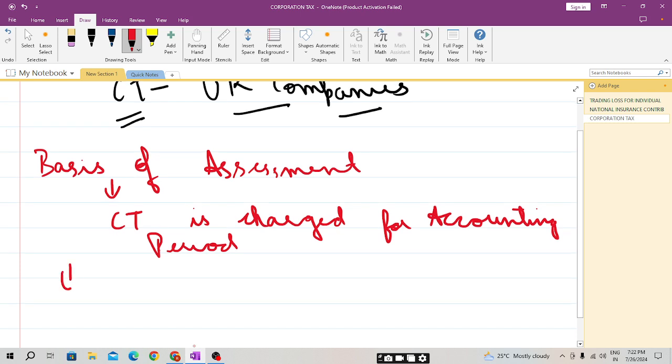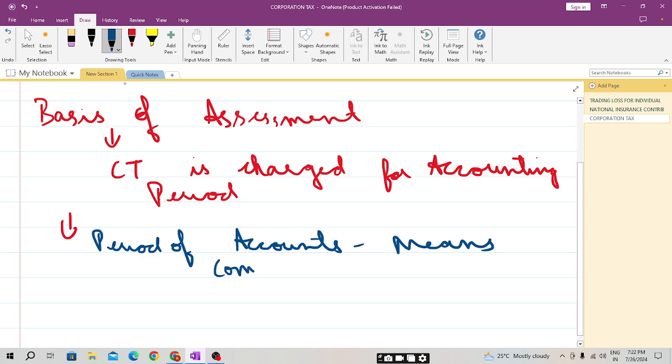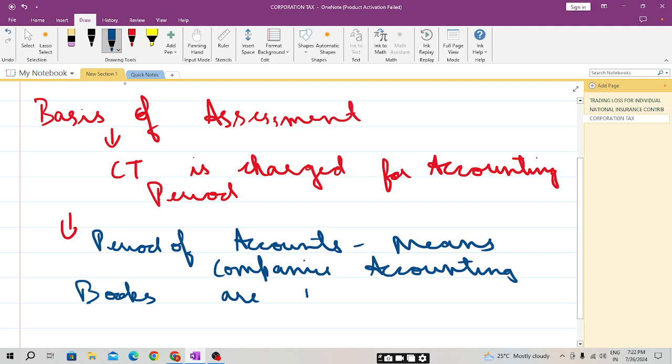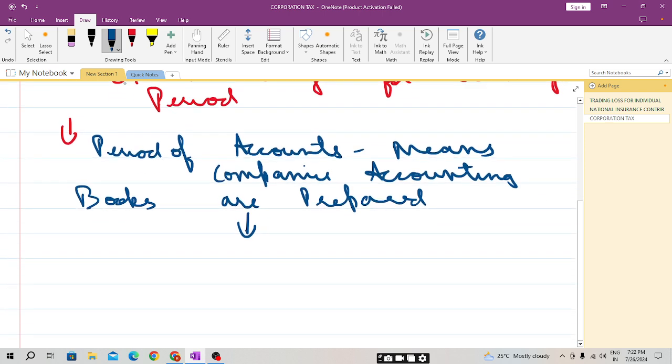Now, what is the difference between accounting period and period of account? Period of account means the period for which the company's accounting books are prepared. So the period of account can be short or long.